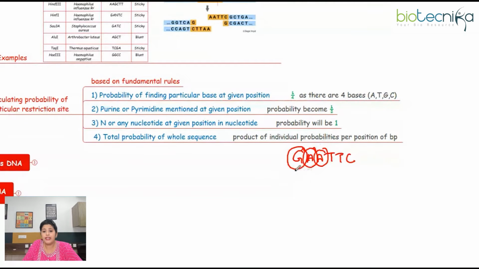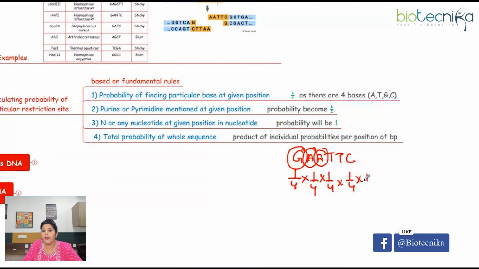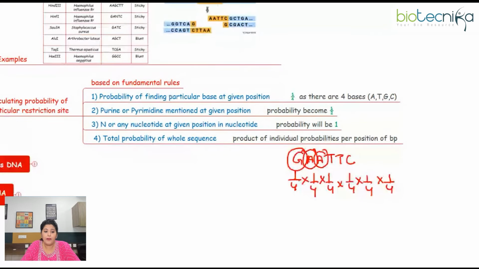This is the reason we multiply: the total probability of this 6 base pair sequence is the product of the individual probability per position of base pair. These are some fundamental rules that you always have to remember.